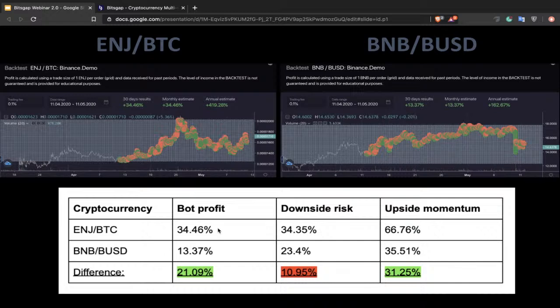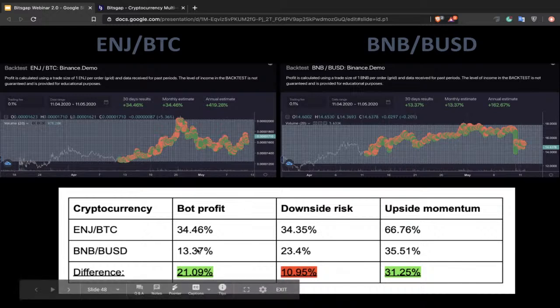So using backtesting, you can find those cryptocurrencies that offer optimal returns and optimal risk to your strategy, all right? So maybe if you are risk averse, maybe you should compare BNB with other cryptocurrencies that had pretty much the same bot profit for the same period, but had a lower risk.